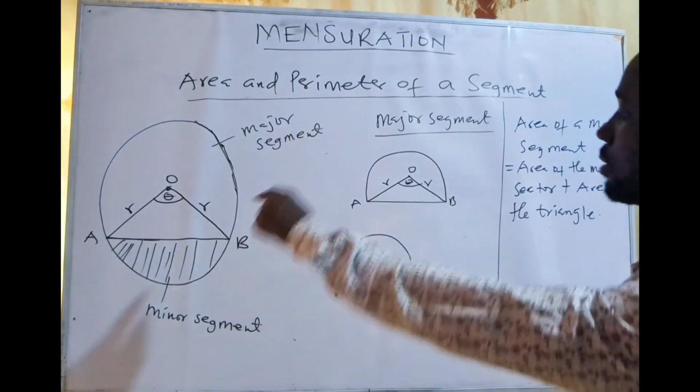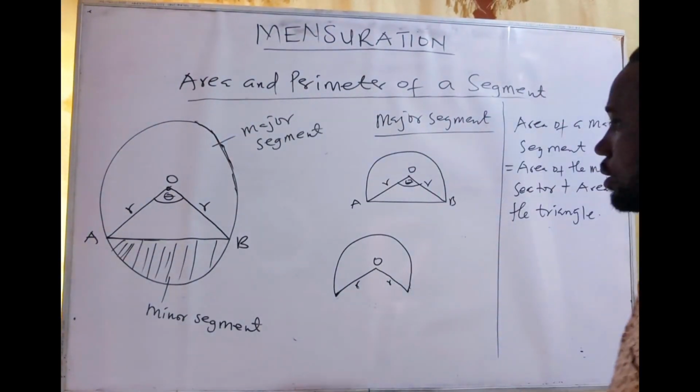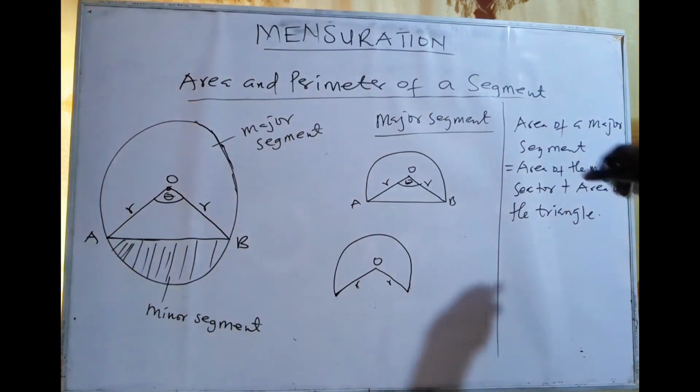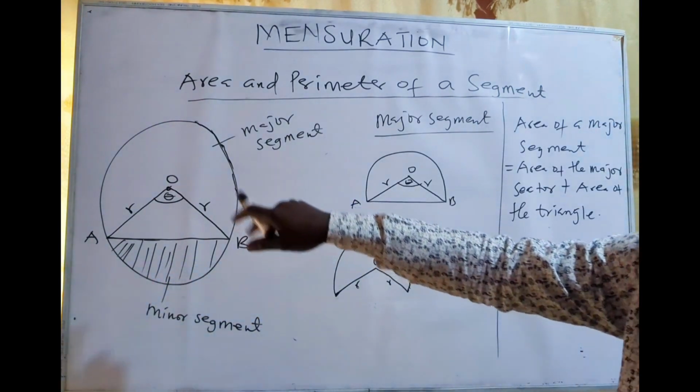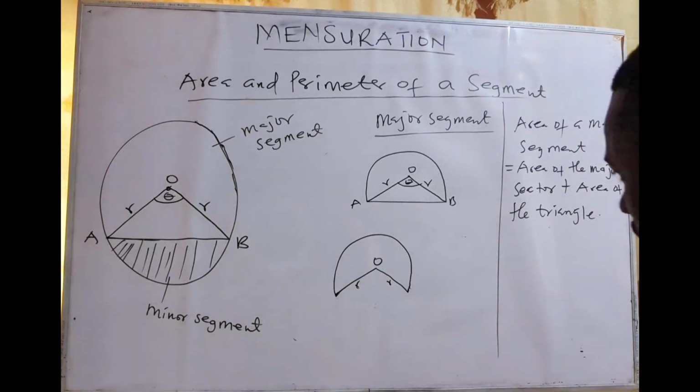We know the area of the triangle is half r squared sine theta. So what we have to find now is the area of the major sector.